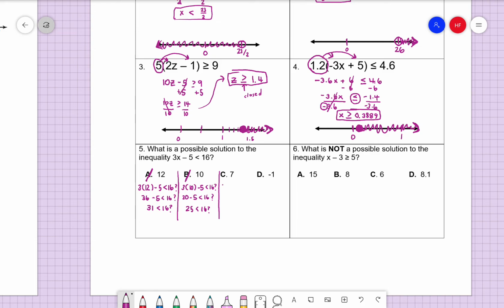Number 7. 3 times 7 minus 5. Is that less than 16? 3 times 7 gives me 21 minus 5, less than 16. 21 minus 5 gives me exactly 16. Is 16 less than 16?